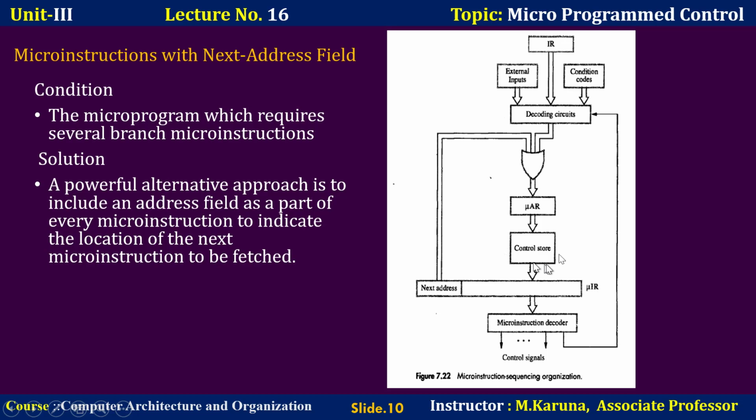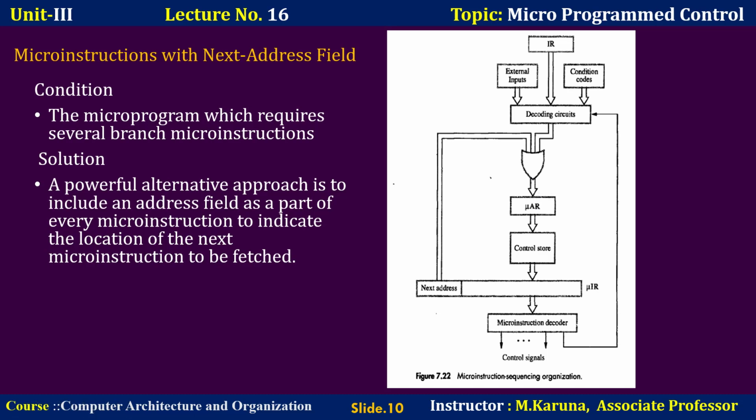A small hardware circuit is required to execute all the micro instructions, to execute the macro instruction available in the IR. These are the conditional codes and external inputs. Whenever the branch jumps to the specified address, it is based on these conditional codes or external inputs.